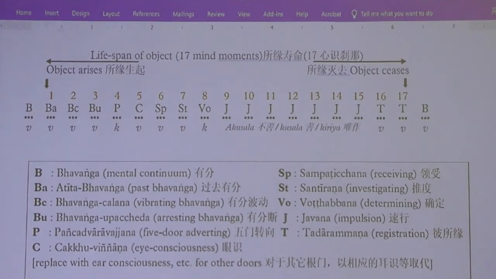This is like a water stream going past; we cannot stop it. In the same way the mind process goes past, and between the processes the bhavanga, the stream of bhavanga, arises. We don't know how many bhavanga.